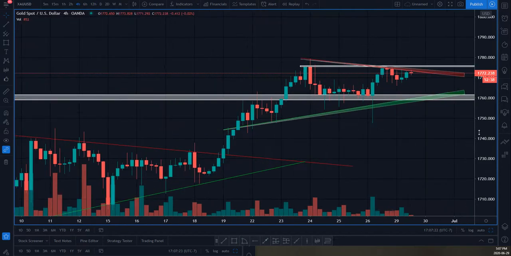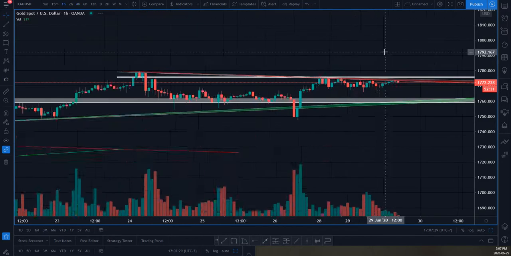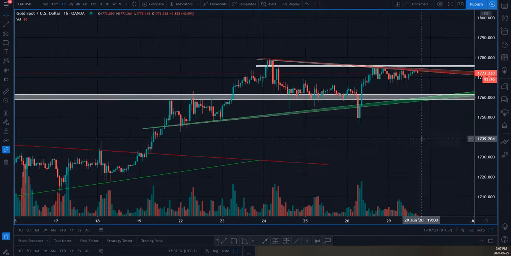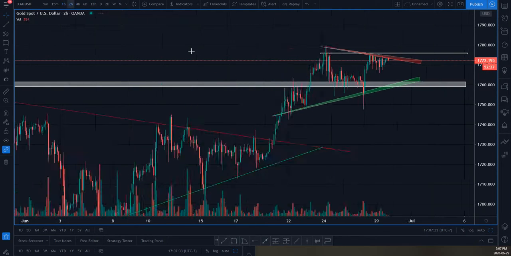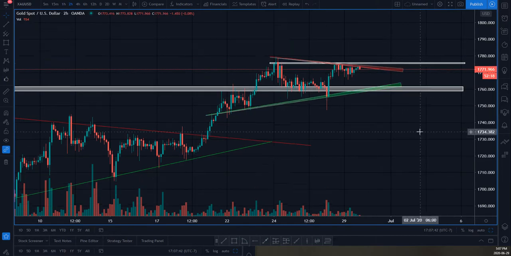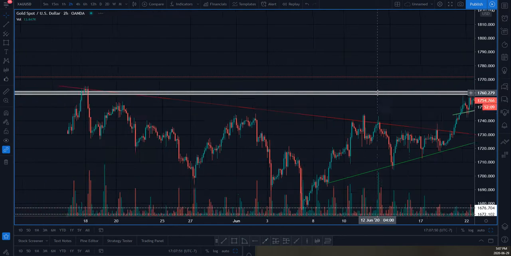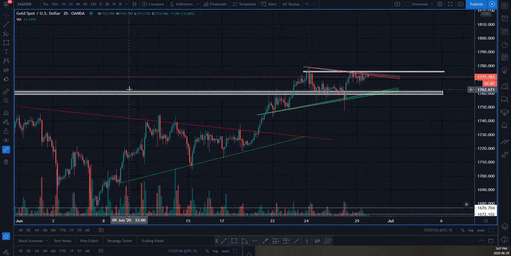But overall, it's setting up to be a nice symmetrical triangle where you see 1, 2, and if we're looking on the 1 hour, we see multiple validations of a resistance, and on the 2 hour, we can see 1, 2, and 3 validations of a series of higher lows, creating our ascending support. So overall, we're seeing a squeeze where we're seeing lower highs and higher lows on gold, holding above, with a huge wick to the downside, the 1760 support, which was a previous key level of resistance within our trading range.